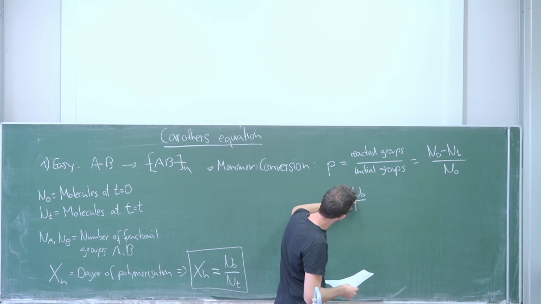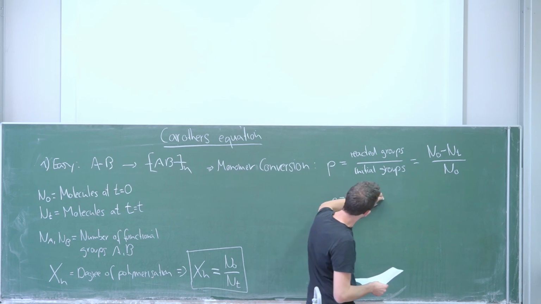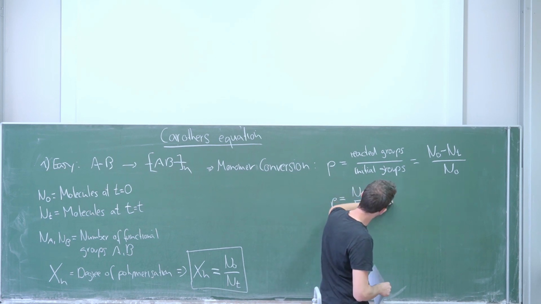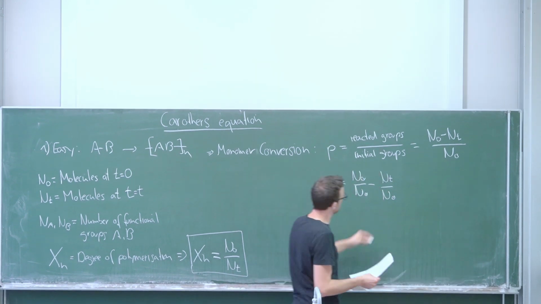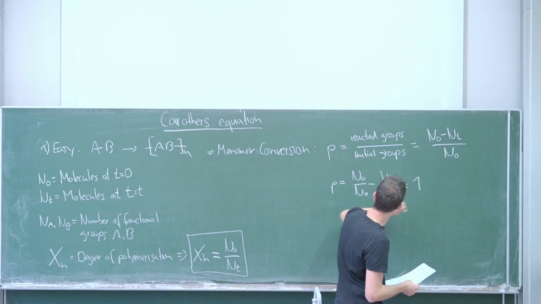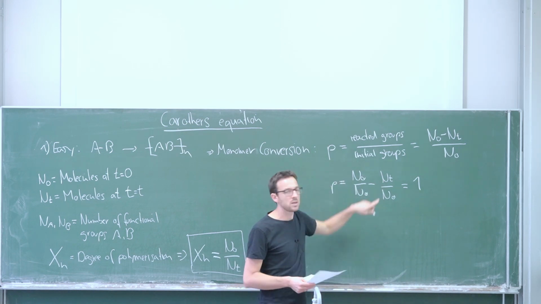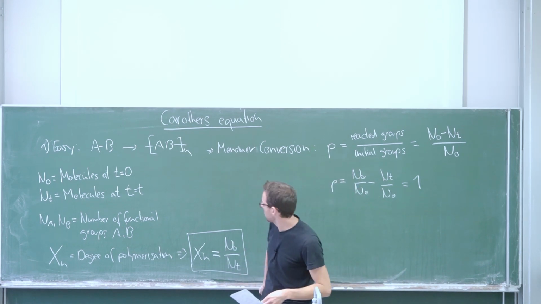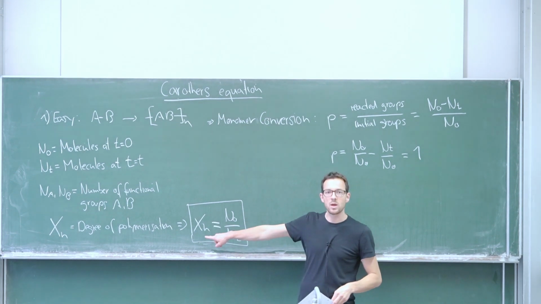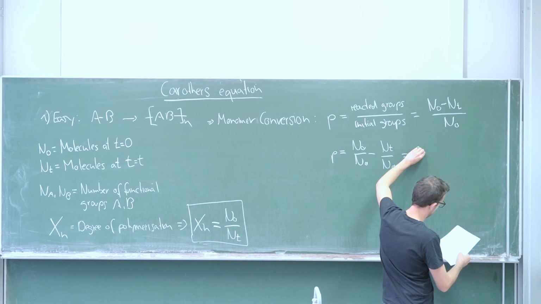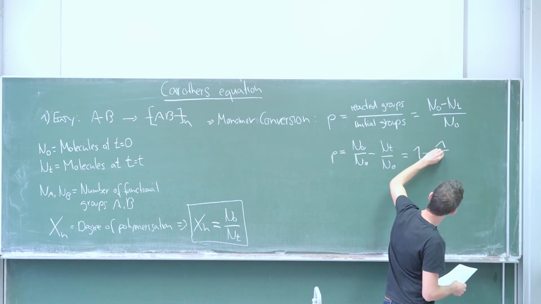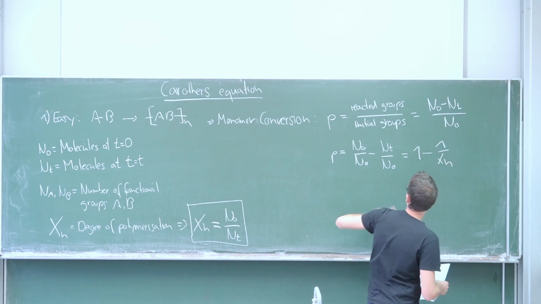So now that means that p equals N0 divided by N0 minus Nt over N0, and this is 1 minus Nt over N0, and if you look here, Nt over N0 is 1 over Xn. So this means 1 minus 1 over Xn, and this is p.